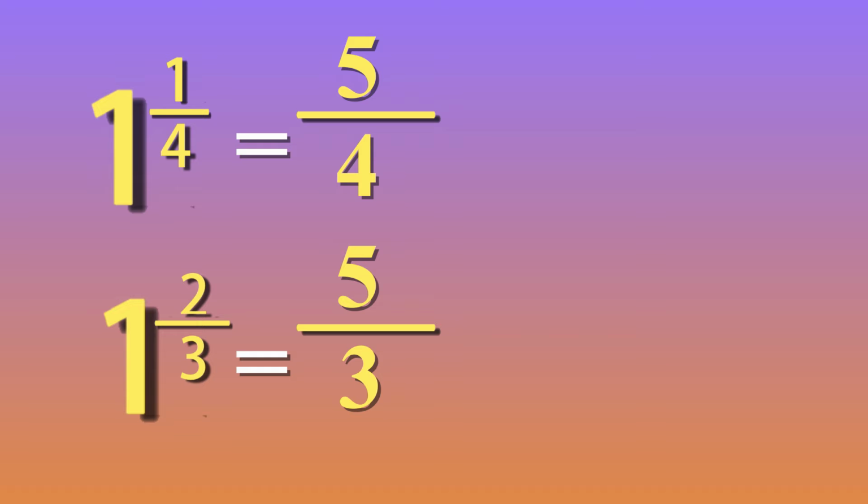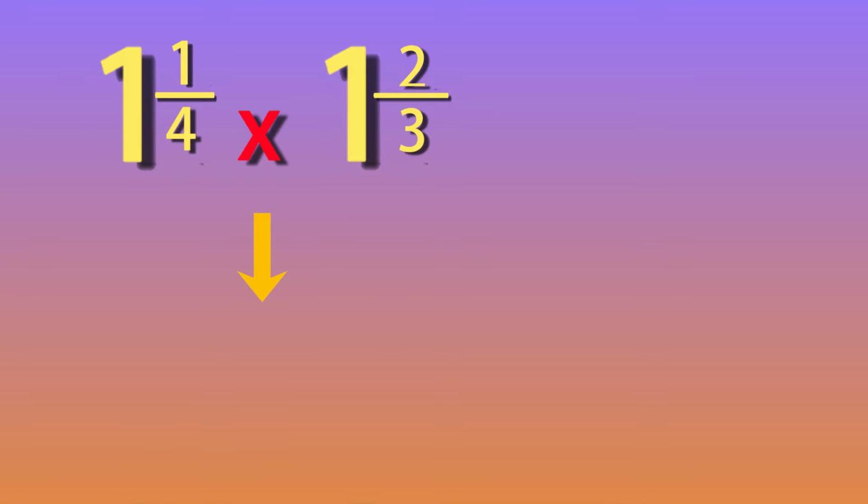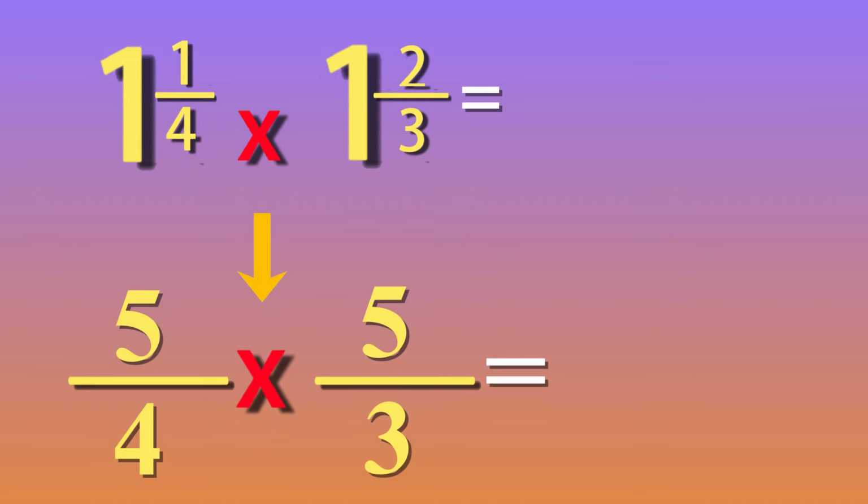So 1 1/4 equals 5 over 4, and 1 2/3 equals 5 over 3. So multiplying the left hand side mixed numbers is the same as multiplying the right hand side fractions. So 1 1/4 times 1 2/3 equals 5 over 4 times 5 over 3. They are the same thing.